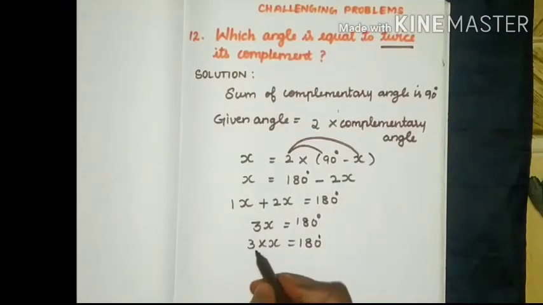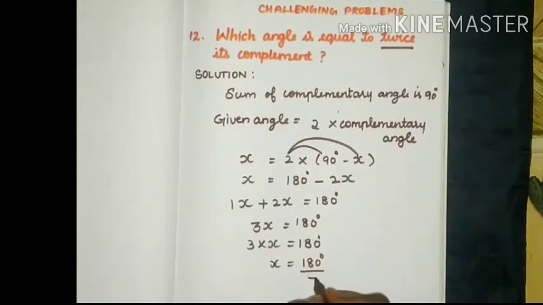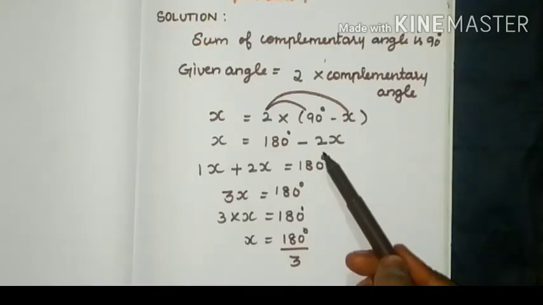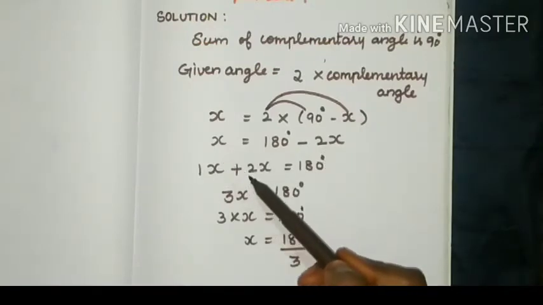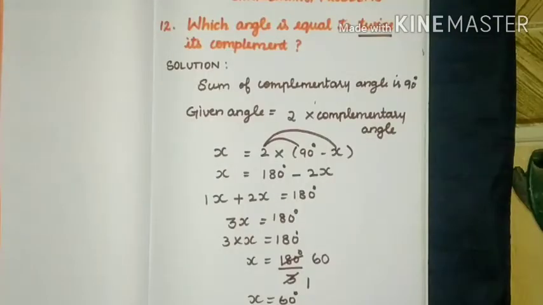So the product of 3 will go to the right hand side, which means it will change into division, because we have to find the value of x alone. x equal to 180 degree divided by 3. 3 ones are 3, 3 sixes are 18, here 0. So therefore 60 degree is twice its complement.